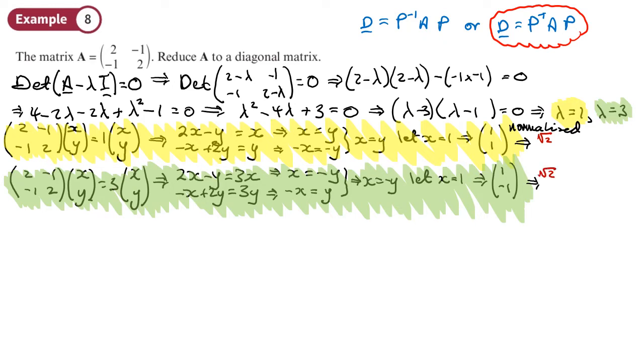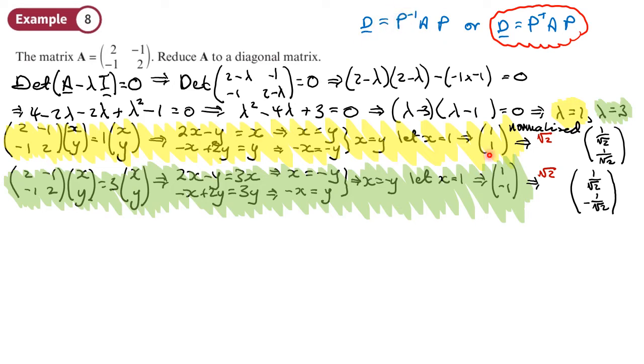So my normalized eigenvectors now become 1 over root 2, 1 over root 2. Then the second eigenvector becomes 1 over root 2, negative 1 over root 2. So that's the only extra step that's required that you wouldn't need for the inverse method.